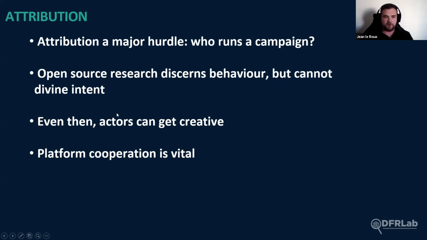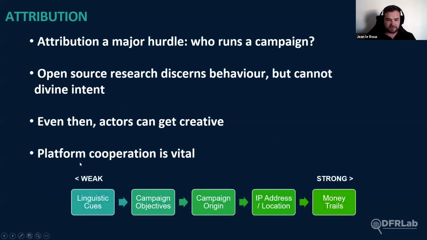And that's because open source investigations can discern behavior, but you cannot divine the intent behind that behavior. So you can, for example, see that a network is operating in a certain way or a specific account is operating in a certain way, but it's often difficult to pin that down on a specific individual unless you get really lucky. And in this case, fortunately, I did. So some of the signals we look at are linguistic cues.